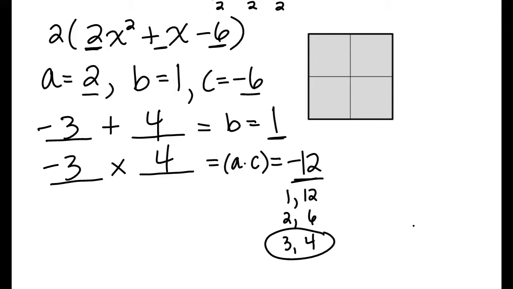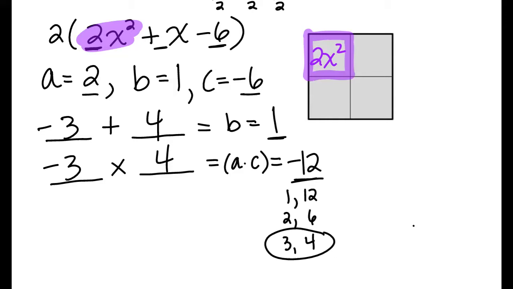Okay? So I'm going to need those 2 numbers that we just came up with, and then I need to figure out my area model. The first one is that 2x squared goes inside the first box right here. I'm going to put my 2x squared inside that first box.